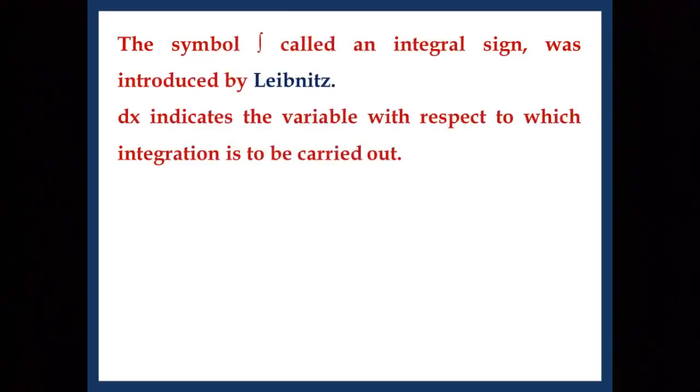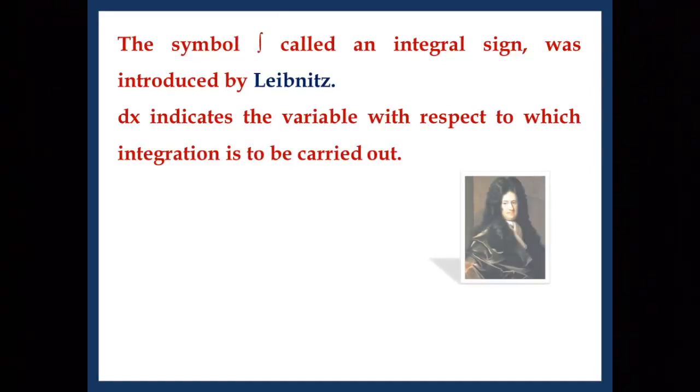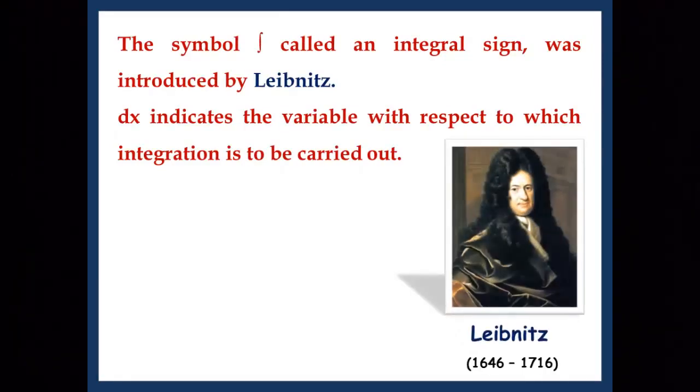This particular symbol is called an integral sign and was introduced by the famous mathematician Leibniz. Now why this sign only? You will appreciate that this seems to be an elongated S. Yes, it is an elongated English alphabet S, because an integral can be expressed as the limit of a sum, S-U-M.